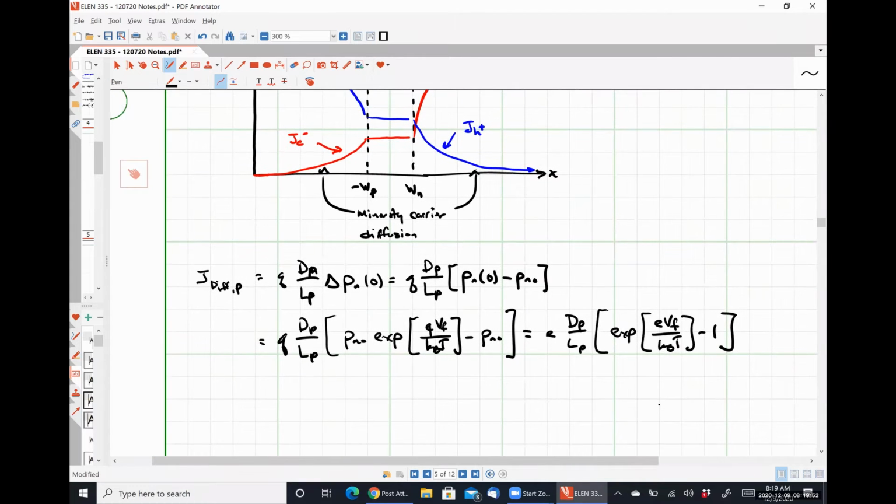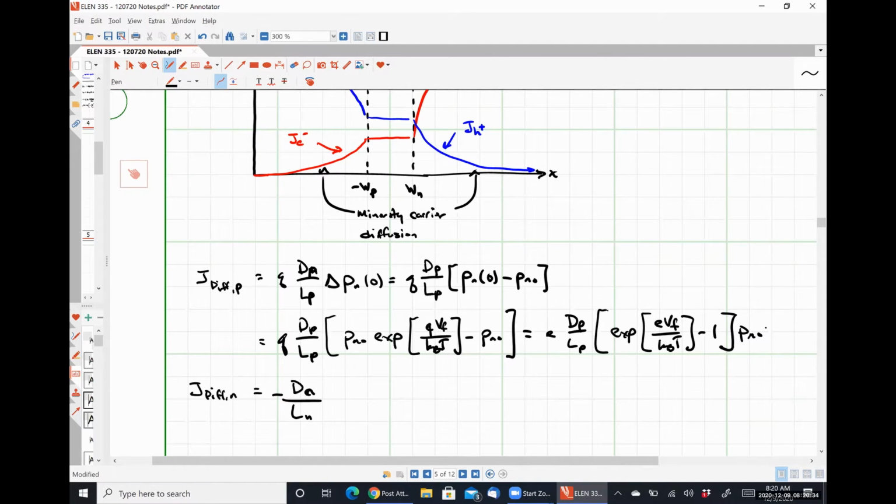And doing a similar derivation for electrons, where we need to recognize that the direction of electron flow is opposite the direction of hole flow. So we're going to have a negative sign. We would wind up getting negative dN over Ln, sorry, I missed a term here, so I need to tack on PN naught right there.